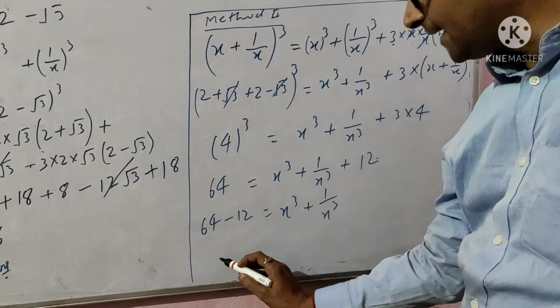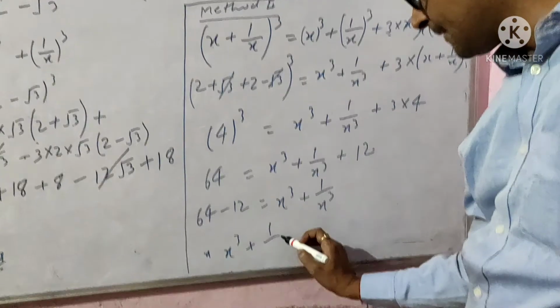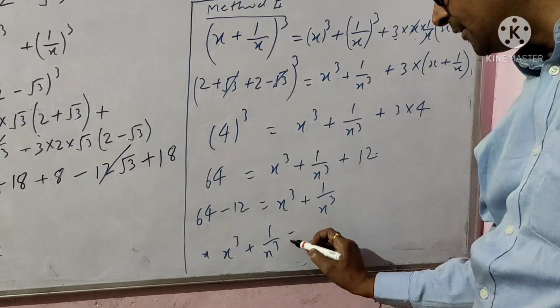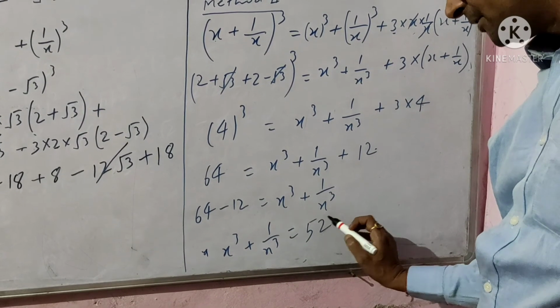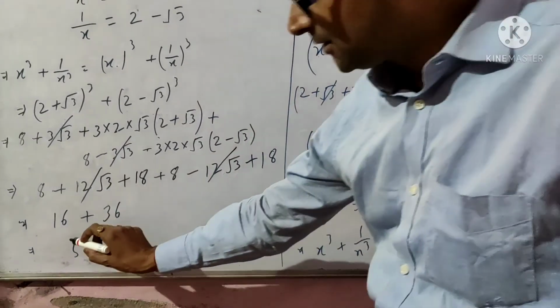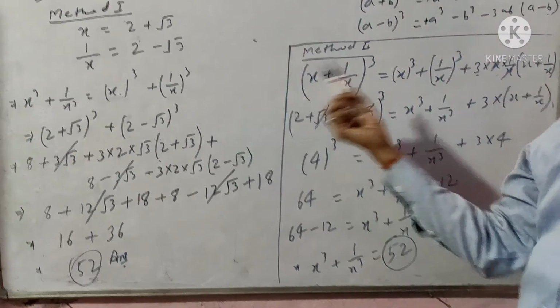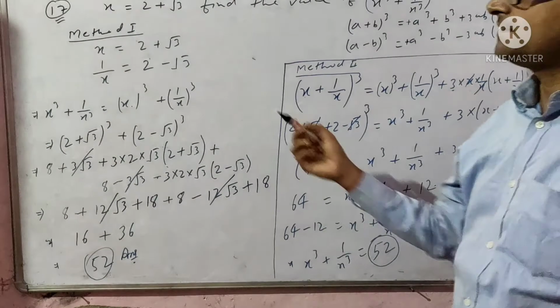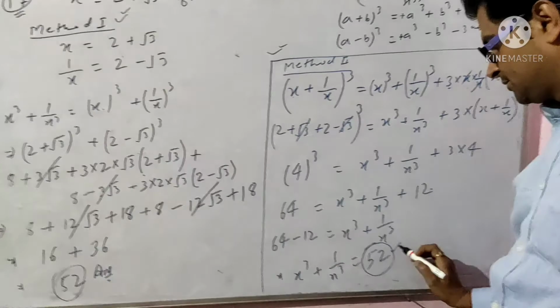Okay, so finally we got x cube plus 1 by x cube, and your answer is 64 minus 12 is equal to 52. Look at here student, this answer is 52 and this is also 52. That means both are same question but different method. Okay, so this is the method 1 and this is the method 2.